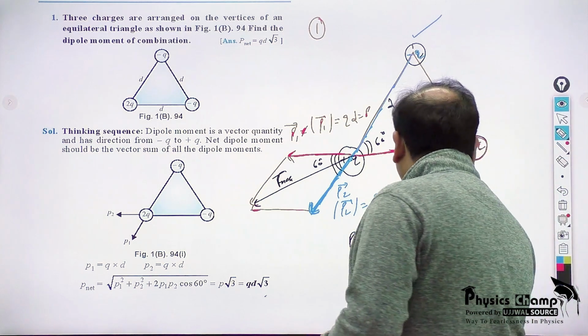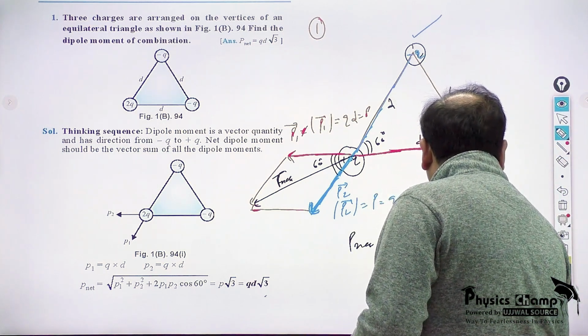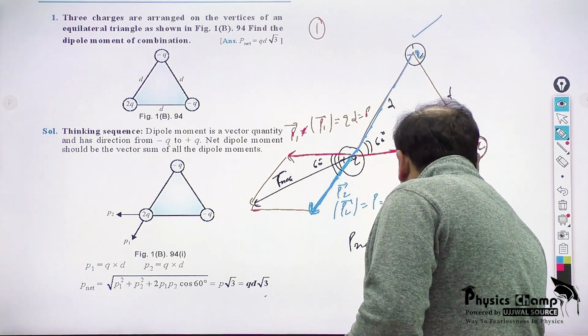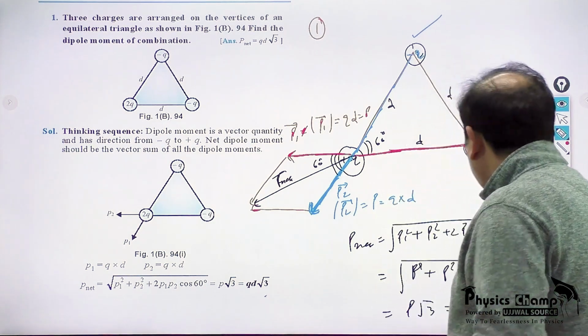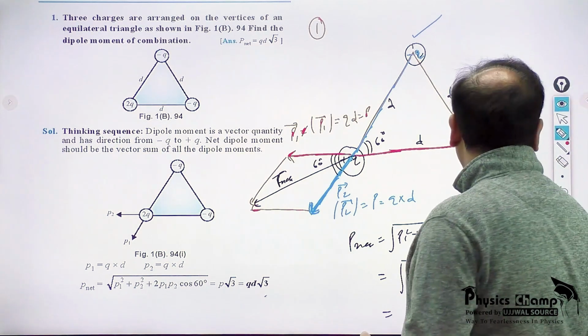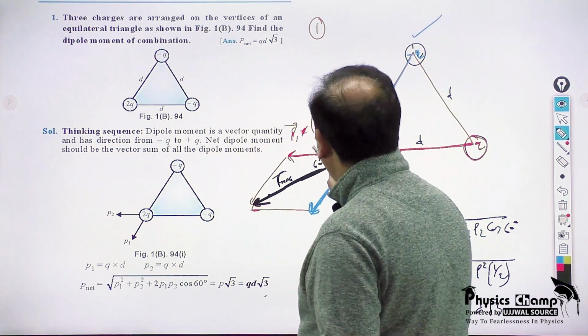So it is going to be P square plus P square plus 2P square into cos 60, and cos 60 is half. So you get P root 3, that is QD into root 3. So the net dipole moment in this arrangement is the vector sum of these two dipole moments.